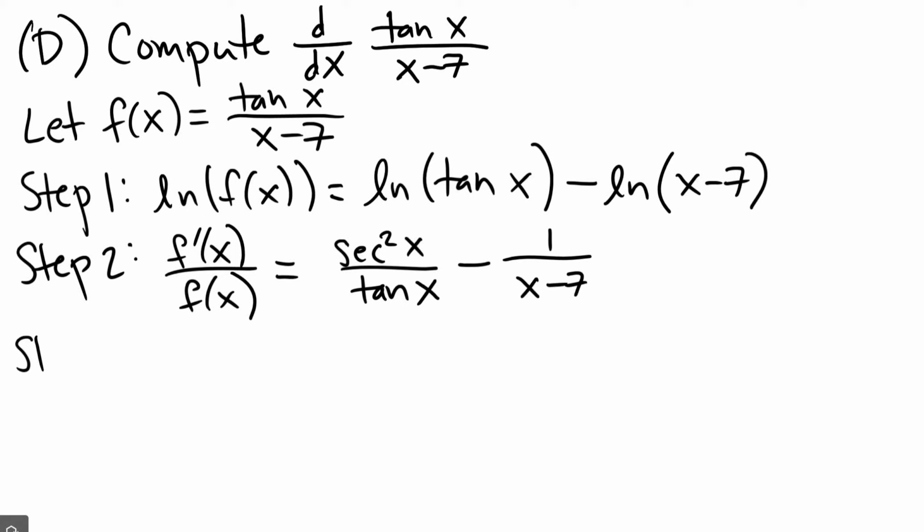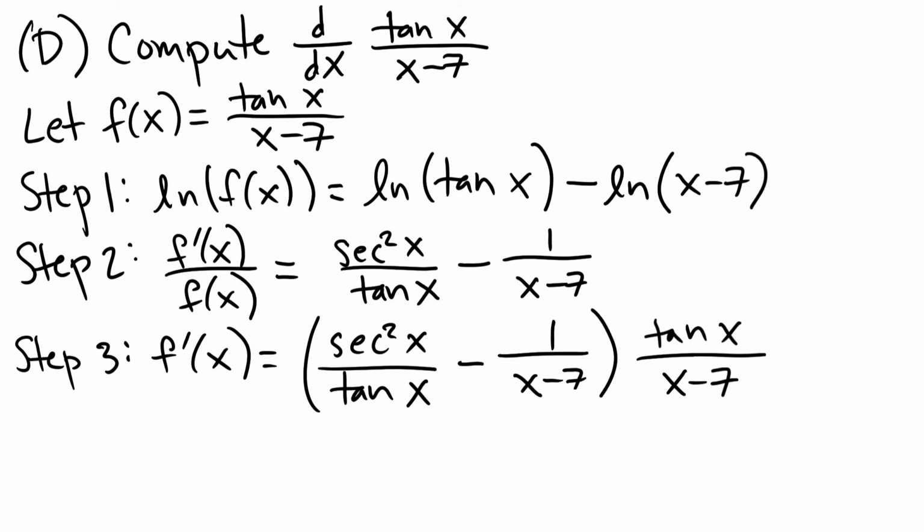But in step 3, when we multiply, it comes out a little different than it did for the product. Because here, there's still a tangent in the bottom of the first term and a tangent in the numerator of f, so those can still cancel out. But there's also an x minus 7 in the denominator of the second term, and an x minus 7 in the denominator of f of x.